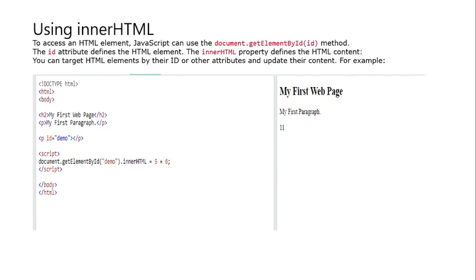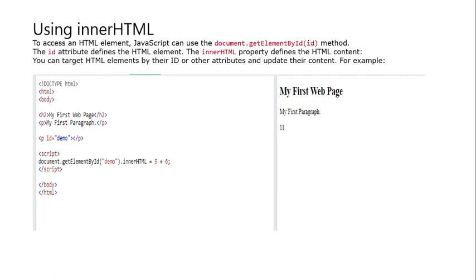The ID attribute defines the HTML element and the innerHTML property defines the HTML content. In this example, you can see that my first web page is written in the heading. P is the paragraph where I am writing my first paragraph.